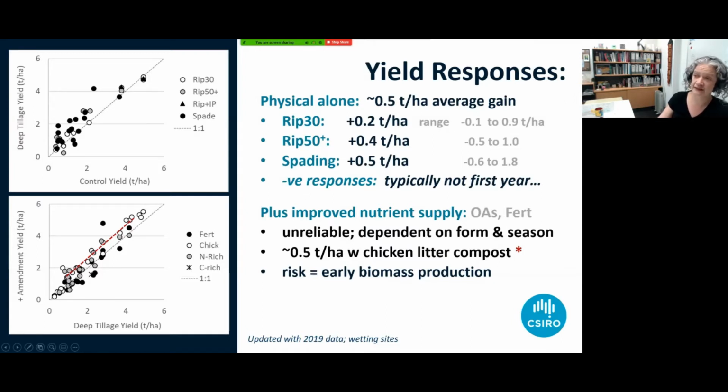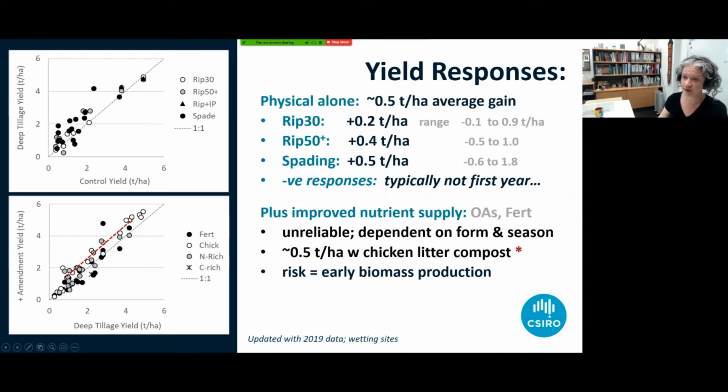However, that does depend on exactly what that physical constraint looks like down the profile. You'll also notice some negative responses, and they are typically not in the first year, but seem to be associated with the very dry years where there's perhaps not the moisture refill on the profile to take advantage of.